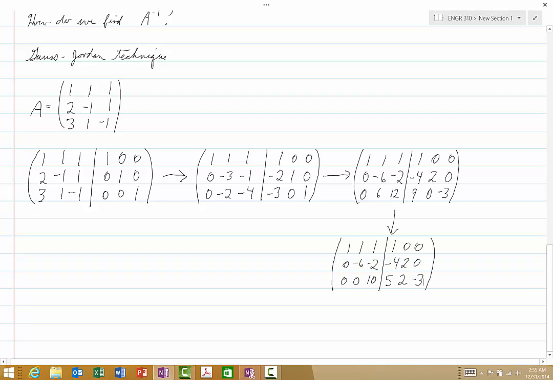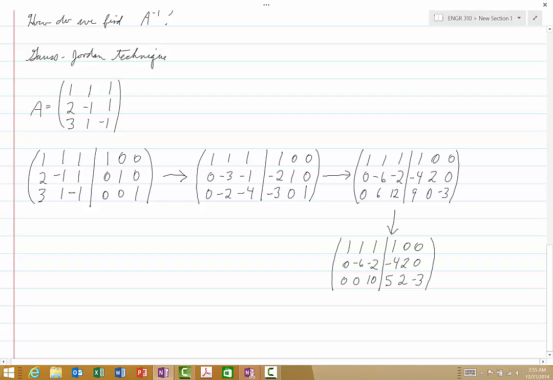So far in all of our work previously and in this problem that we're doing here, we've been eliminating non-zero terms below the diagonal by moving from top to bottom and left to right. Now we want to eliminate non-zero terms above the main diagonal by moving from bottom to top and right to left.